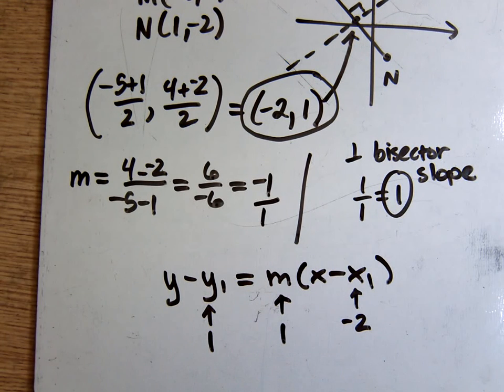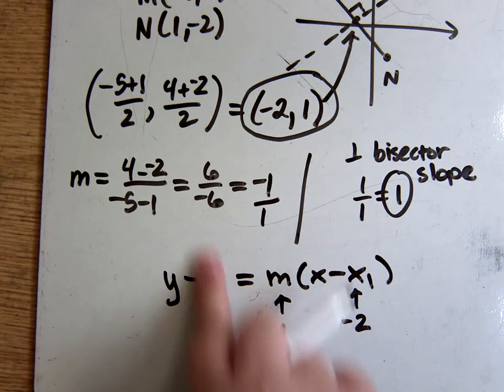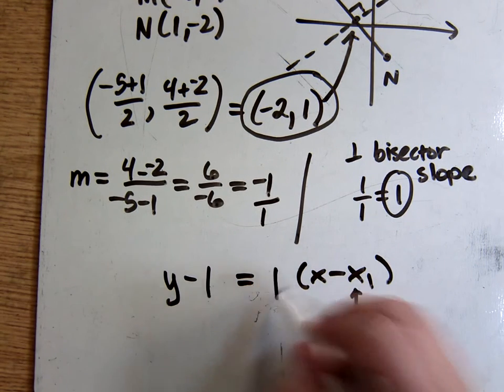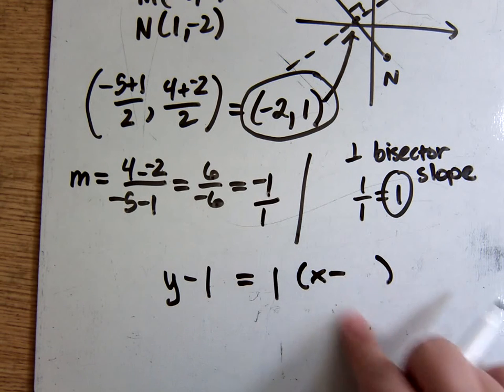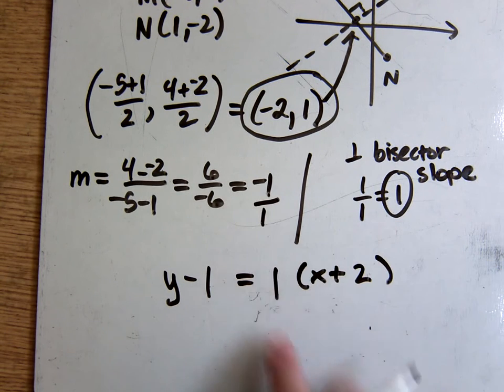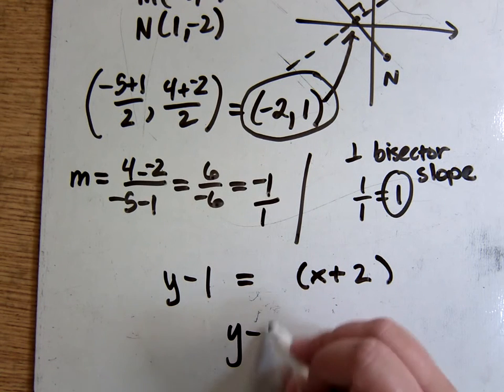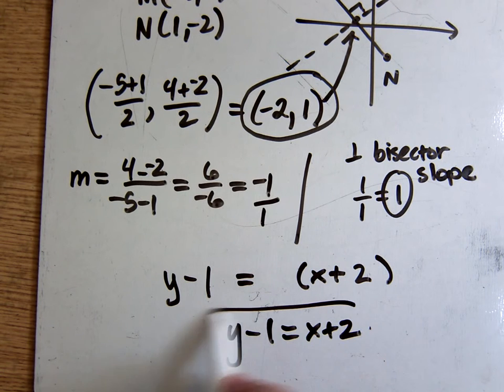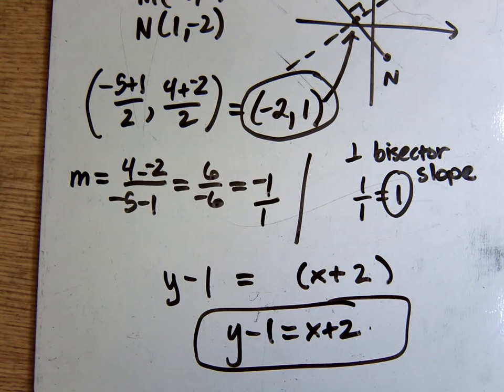So that gives me y minus 1 equals 1 times x minus a negative 2 becomes plus 2. I don't really have to have that 1. So you could just write it as y minus 1 equals x plus 2. And you're done.